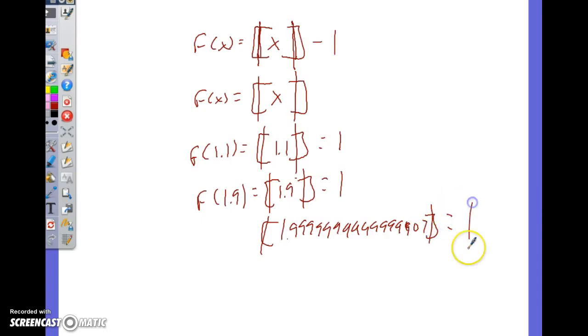It's 1. Question: what about 2? 2. So the greatest integer function says, how many hours have you been working? Until you get to 2, the answer is 1.